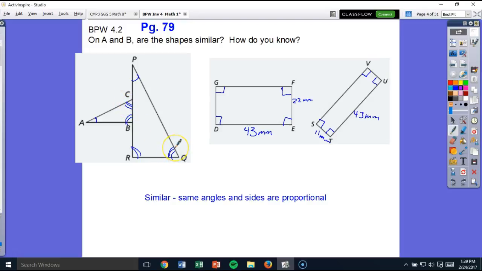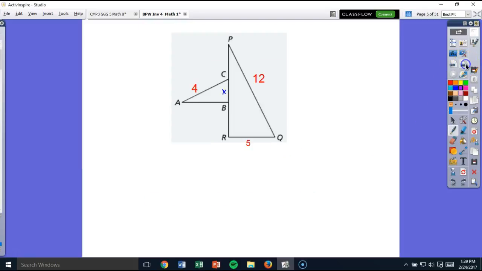as angle Q. Now, to find out if they're similar, I'm going to jump ahead a slide for us here and see that if we know that line PQ is equal to 12 and line AC is equal to 4, we can start out our ratio of 12 to 4.